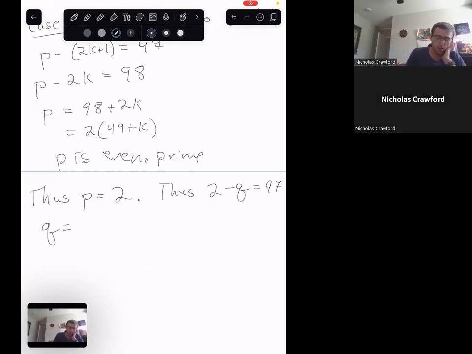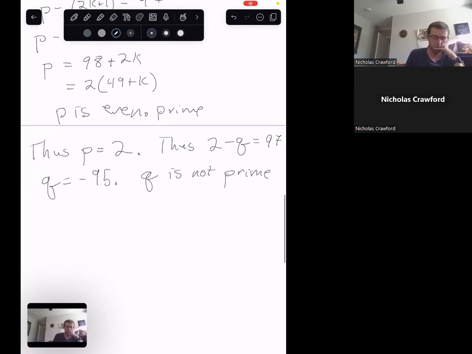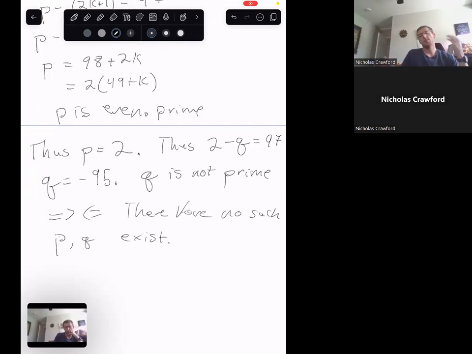This means that Q equals negative 95. Well, Q is not prime then. So this is our contradiction. Therefore, no such P and Q exists.